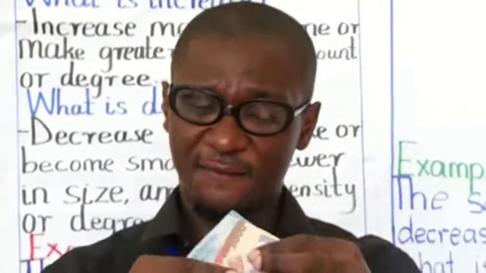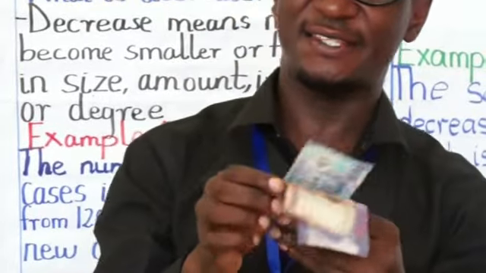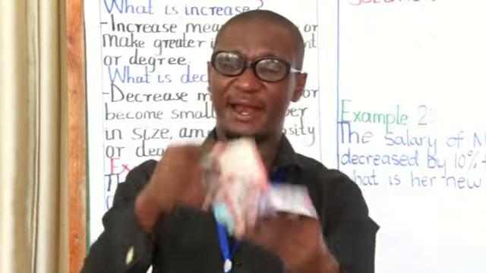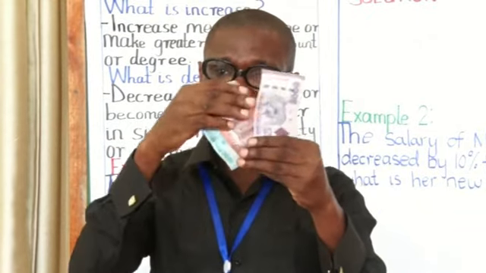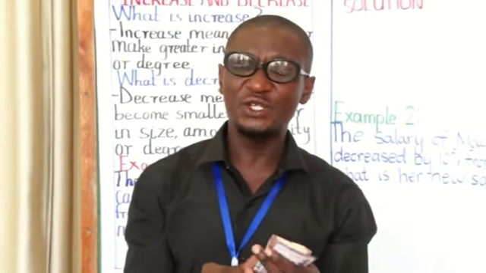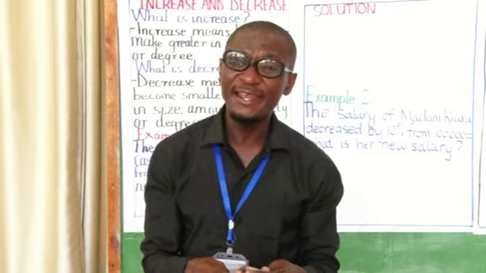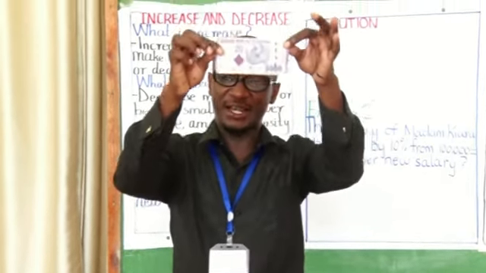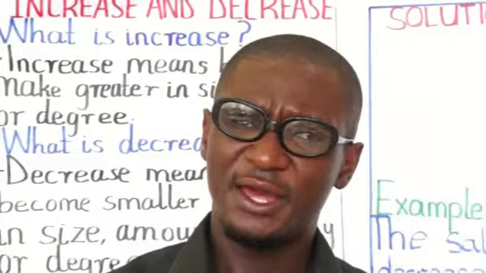Now, if you go and do a certain business somewhere using this amount of money, and after that business, for instance, you get a loss, you come back with only 5,000 shillings.